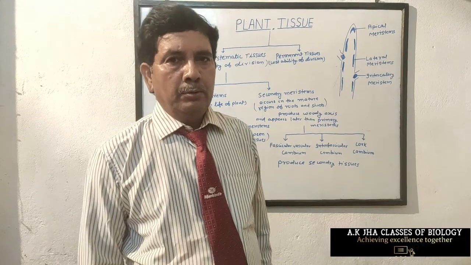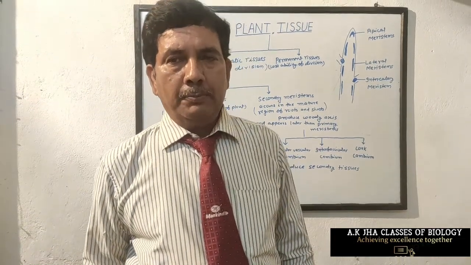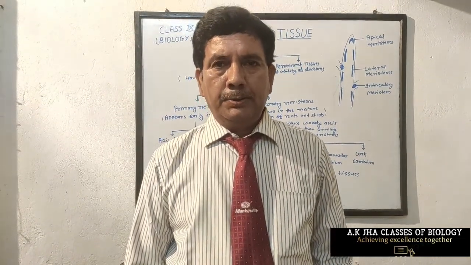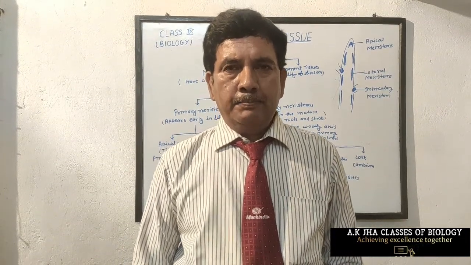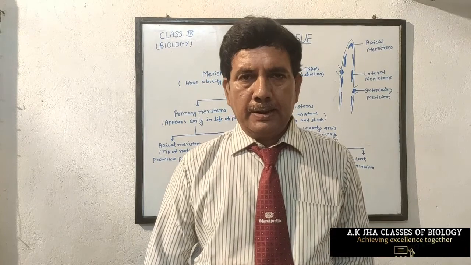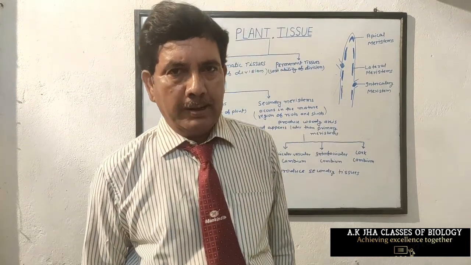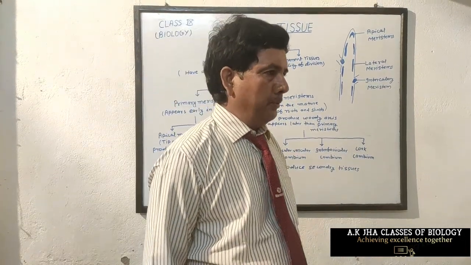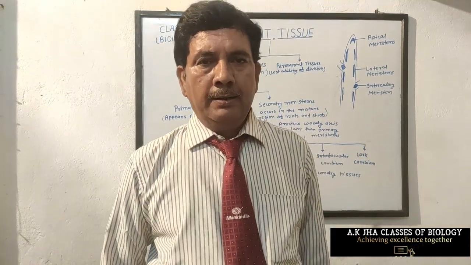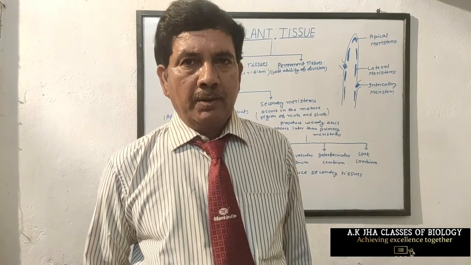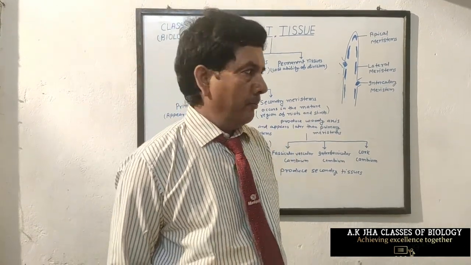And the tissue which has lost the ability of division and becomes differentiated into a specialized tissue and performs specific functions is called permanent tissue. Firstly, we explain meristematic tissue today, then we explain permanent tissue.